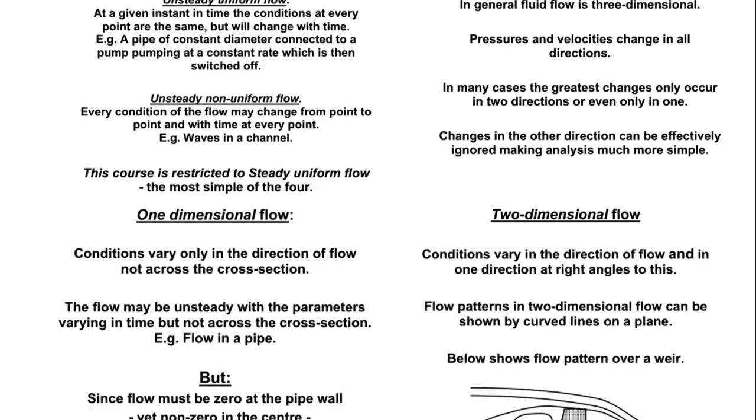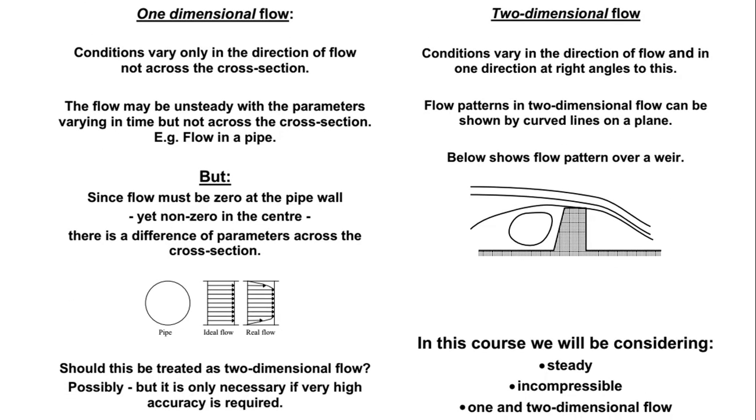Now to simplify our calculations, we are going to look at flow that is steady, flow that is incompressible, flow that is 1, and maximum 2-dimensional. But in most of our calculations, we are just going to look at steady, incompressible, and 1-dimensional flow, just to simplify our calculations.